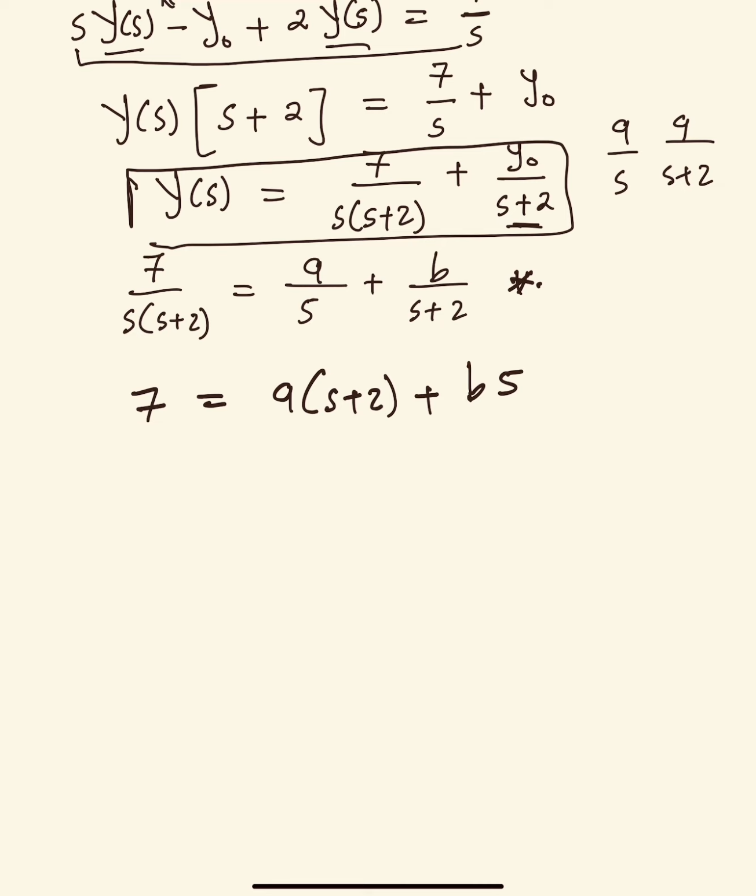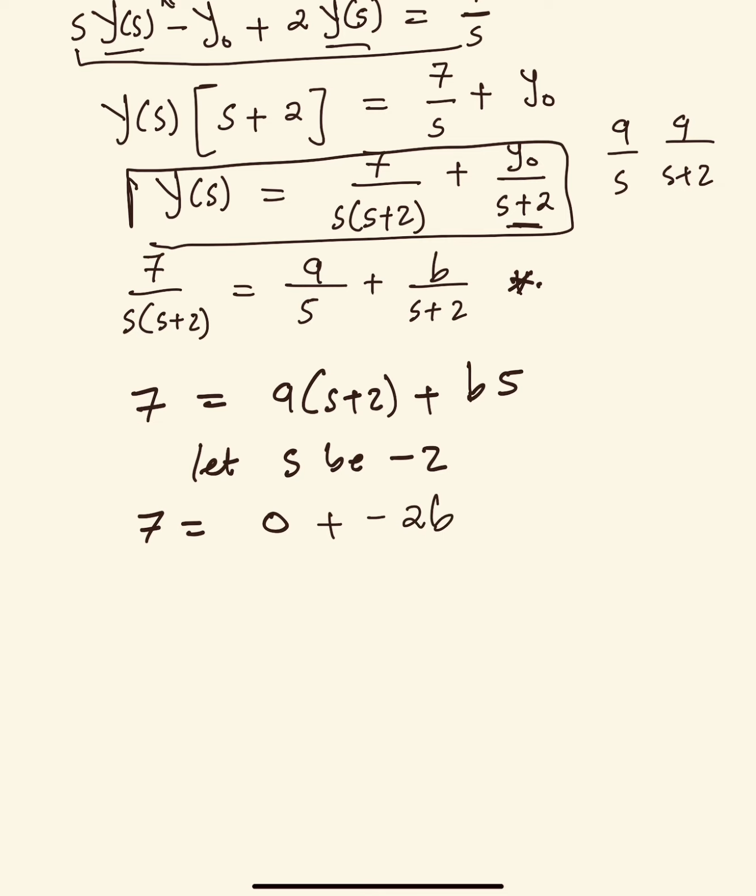So we're going to say let s be -2. This is going to become 7 is equal to 0, because this becomes 0 and substitute there, plus negative 2b, right?